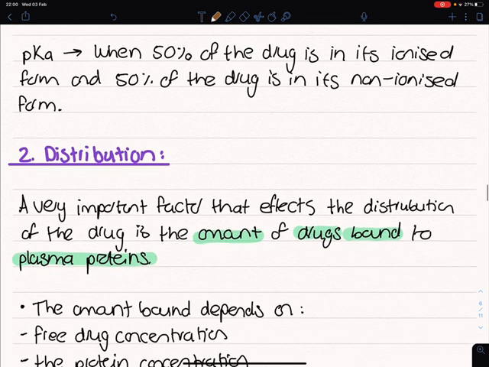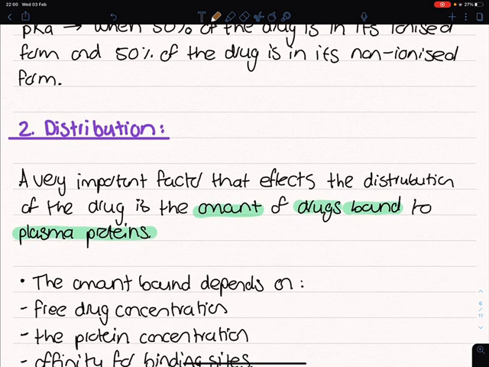Okay. A very important factor that also has an impact on distribution is the amount of drug bound to plasma proteins. It's very important to note that if a drug is bound to a plasma protein, that drug is not active anymore, which means it doesn't have a therapeutic effect.